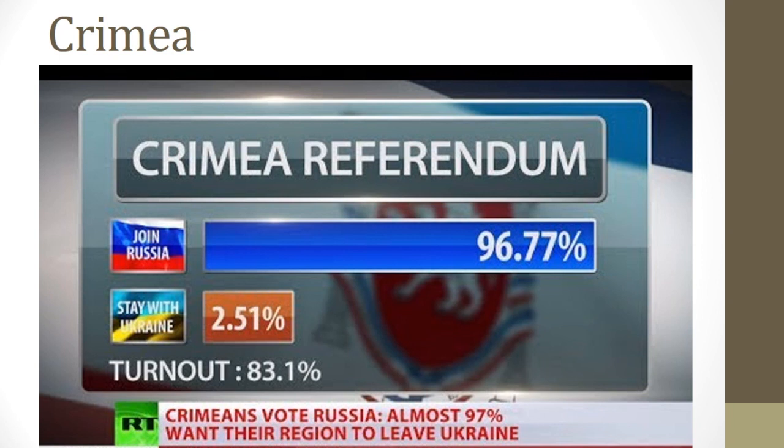The vote ended up to be dramatic in that those who chose to join Russia was at 96.7%, and those that wanted to stay with Ukraine were 2.51%. Now, keep in mind, this information is from Russia Times, so we have to wonder, what is the actual vote like?